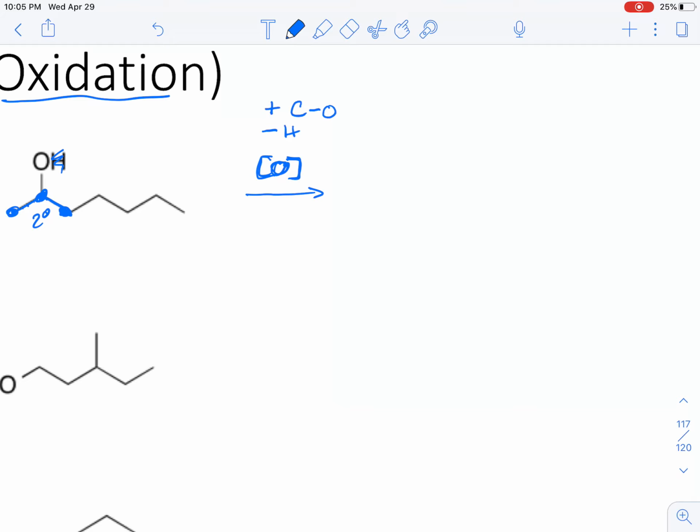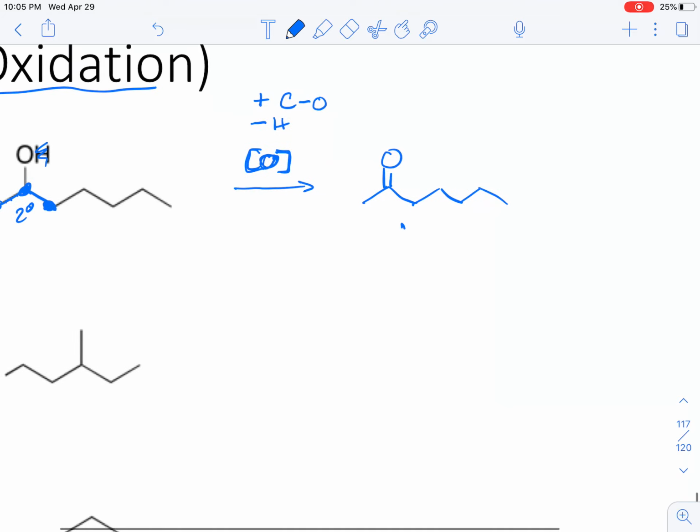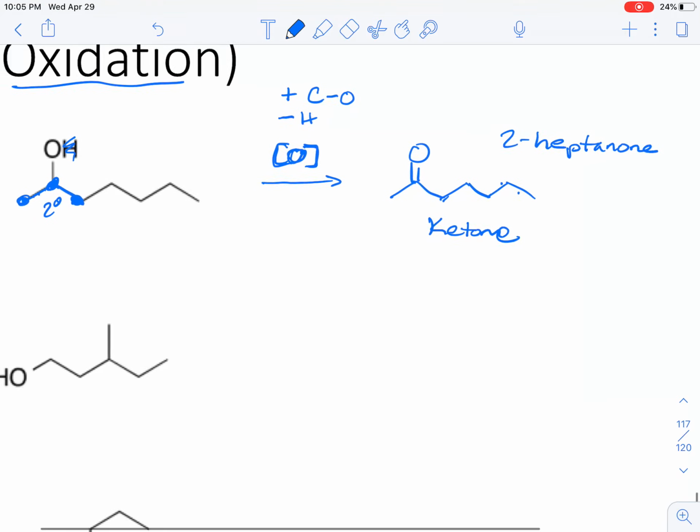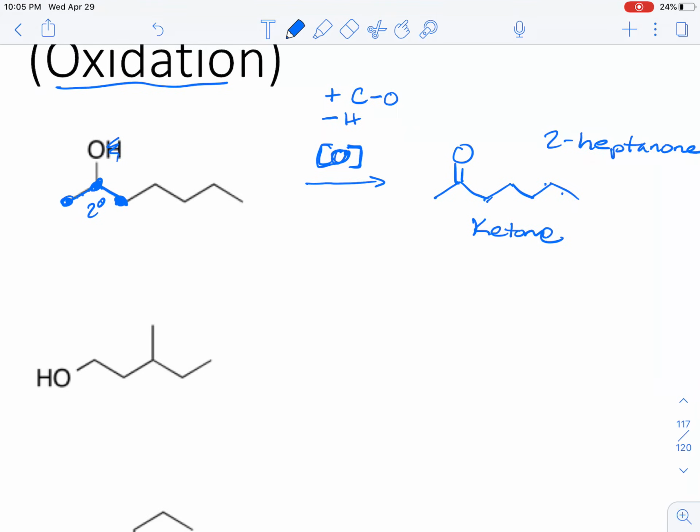The result is going to be a double bond to this oxygen. So we get a ketone. You can name this ketone by counting 1, 2, 3, 4, 5, 6, 7. So this is going to be 2-heptanone. Whereas the name for this reactant is going to be 2-heptanol.